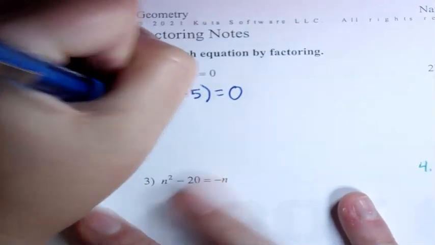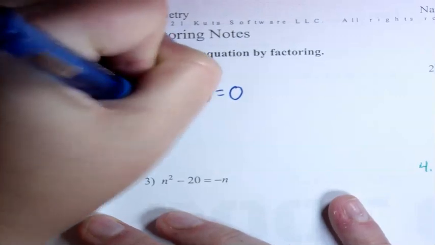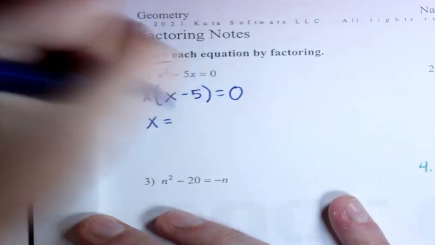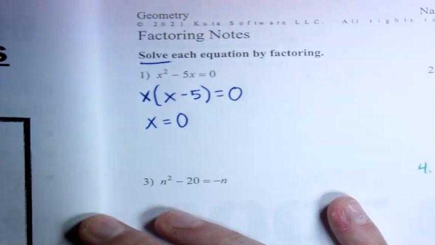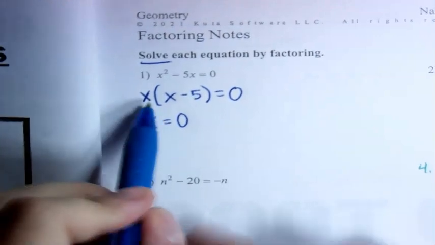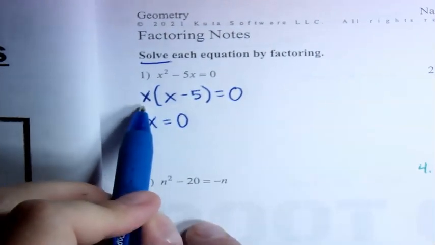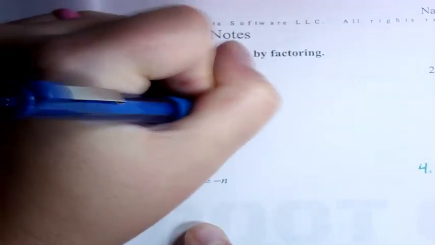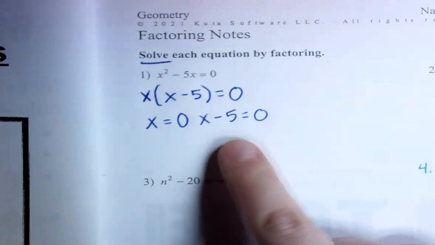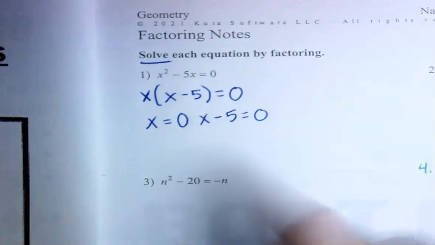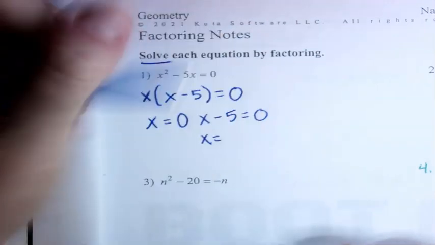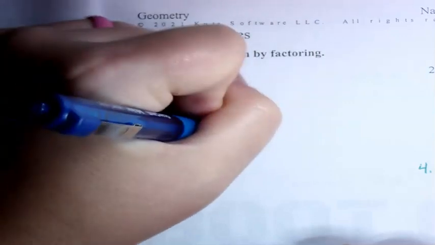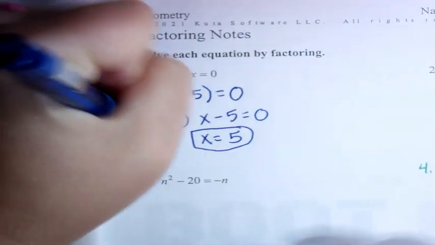There are going to be 2 answers for this on all of them. X is going to equal 0 for the first one, because you set each of these equal to 0. And then X minus 5 is also equal to 0, so we add 5 on both sides. X equals 5.